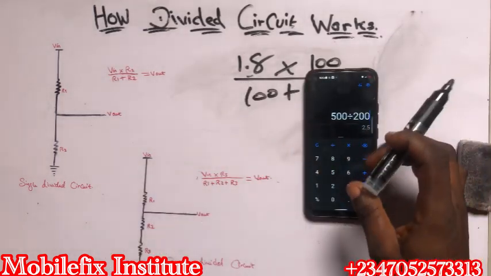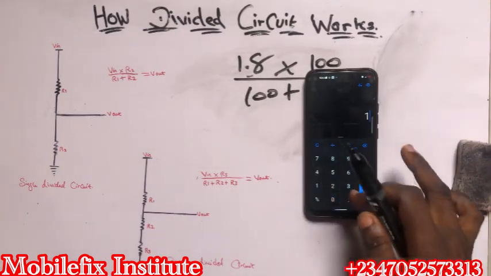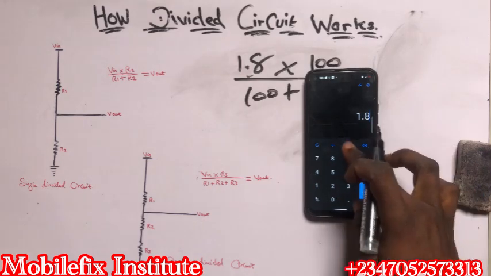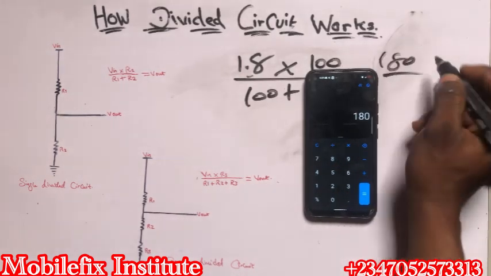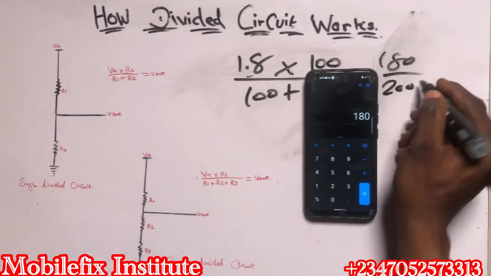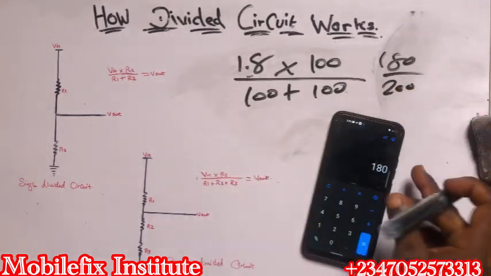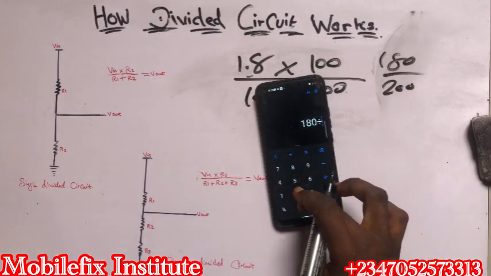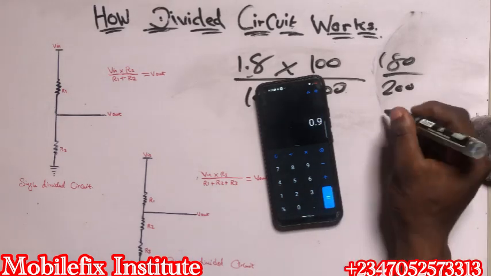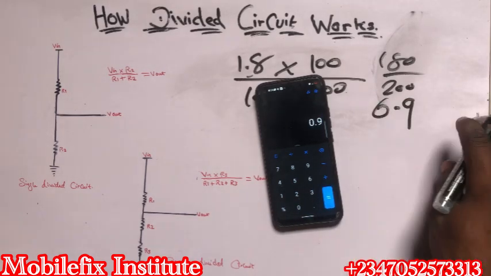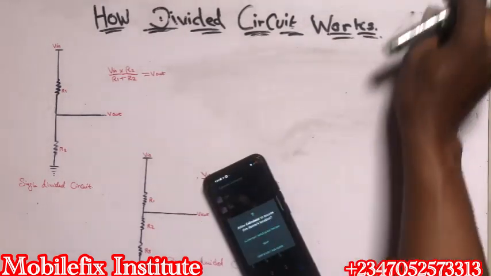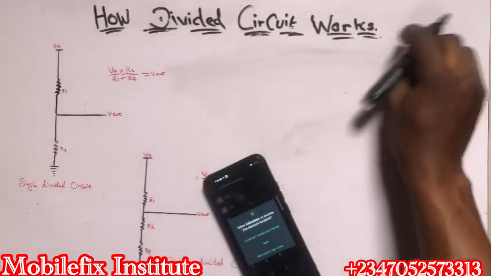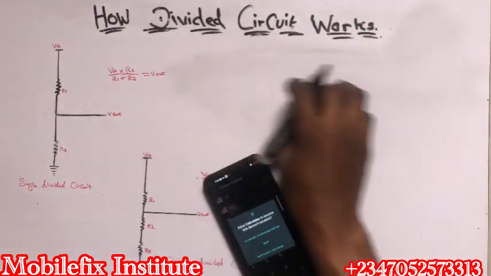Let's calculate and see: 1.8 times 100 equals 180. 180 divided by 200, because 100 plus 100 is 200, gives us 0.9. All right, so that's the logic behind this circuit when R1 is the same as R2.